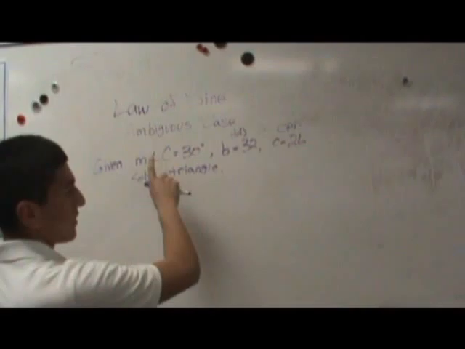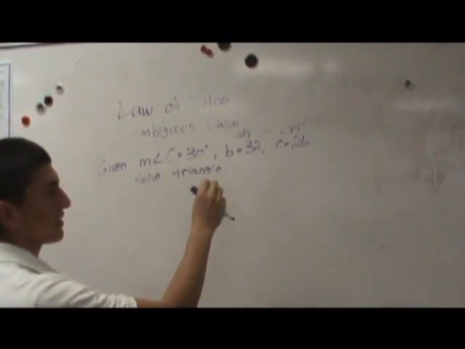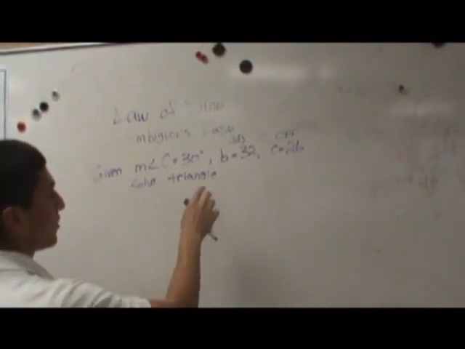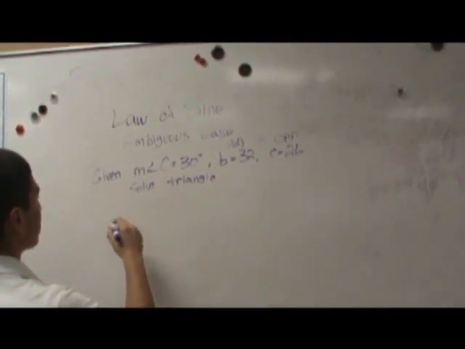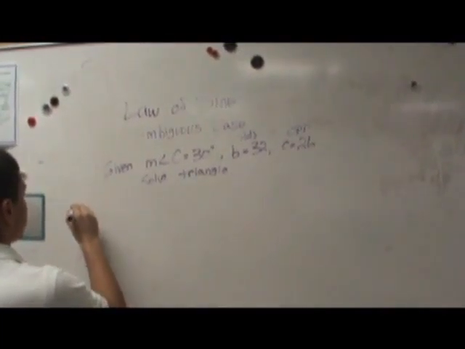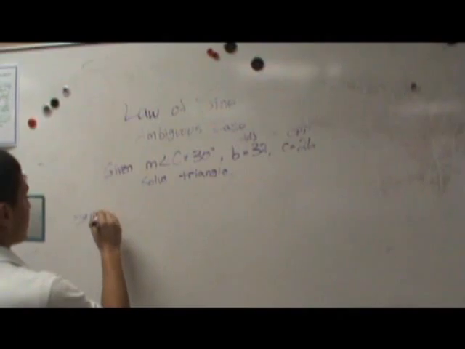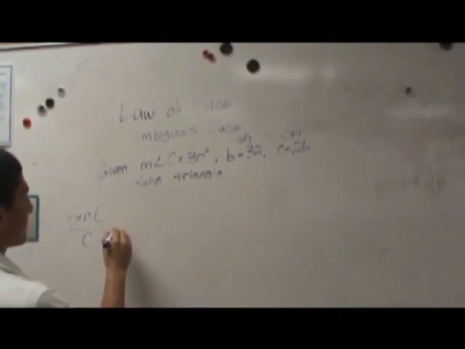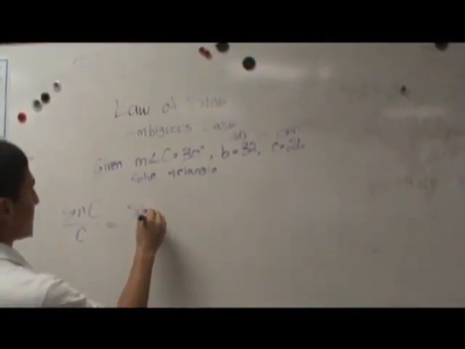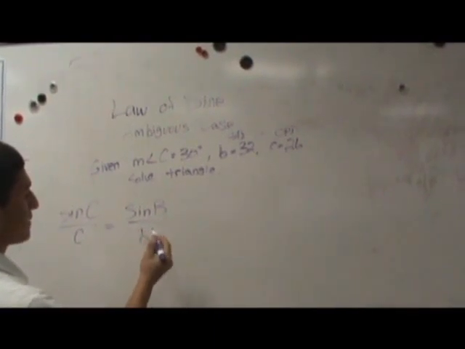Since we have measure of angle C and the opposite side C, and we want to find the measure of angle B, the formula is sine C over little c equals sine B over little b.